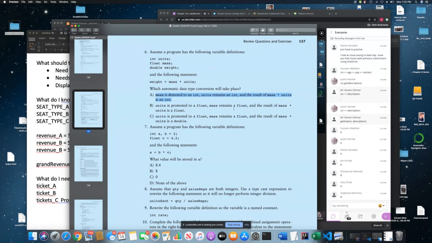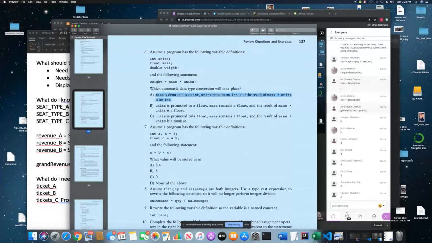And the result of mass times units is a float. That's a possibility, but let's look at C. Units is promoted to a float, mass remains a float, and the result of mass times units is a double. I lean more to C, not B.